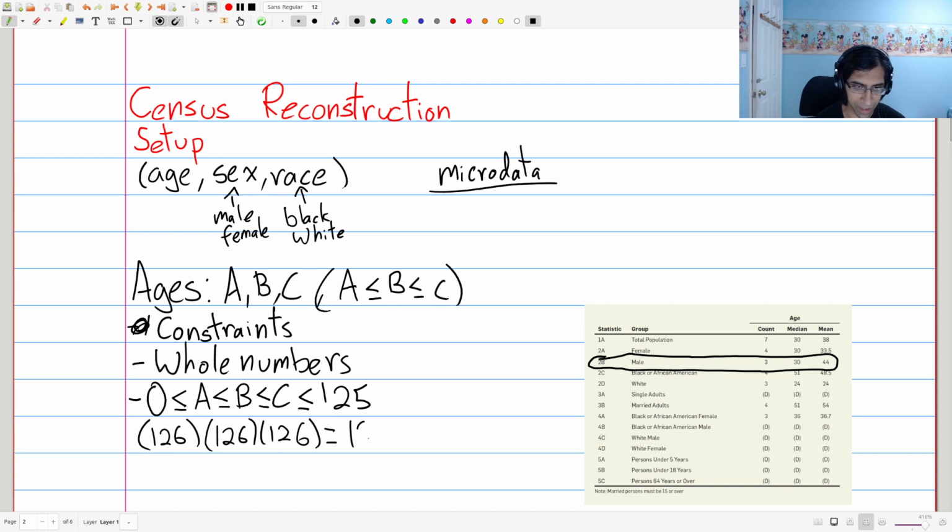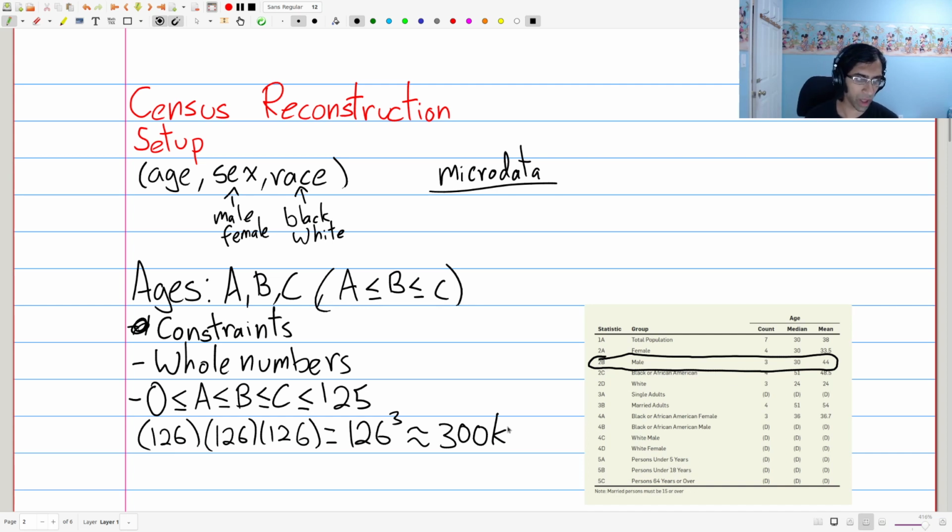It's not exactly this because I placed them in non-decreasing order, so there are some things which are not allowed. But roughly speaking, there are 126 cubed options, which is somewhere in the ballpark of 300,000. So right now it seems pretty private, in the sense that based on just these numbers, the fact that there are 3 ages, there are like 300,000 different possibilities, and we have no idea which one's the right one.